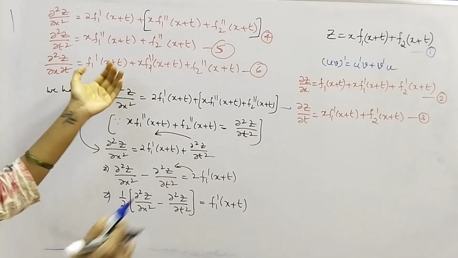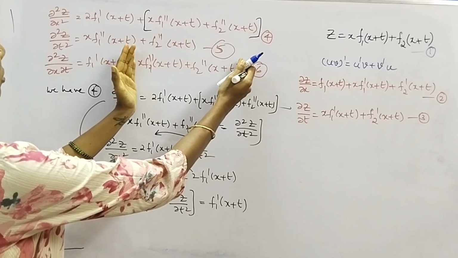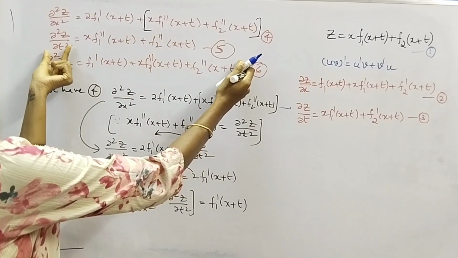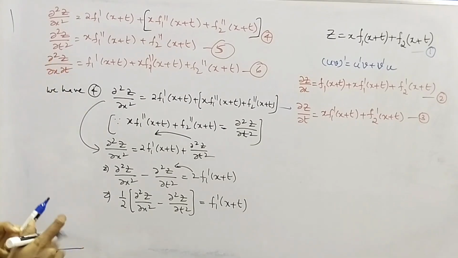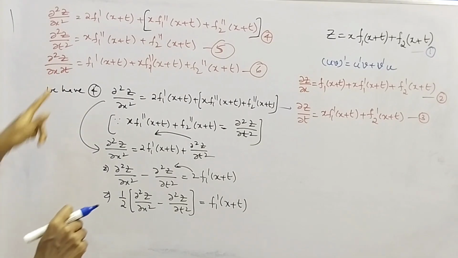Okay, and also we have the value for x f1'' plus f2'', which is ∂²z/∂t². Now using 6 we'll find the required partial differential equation.